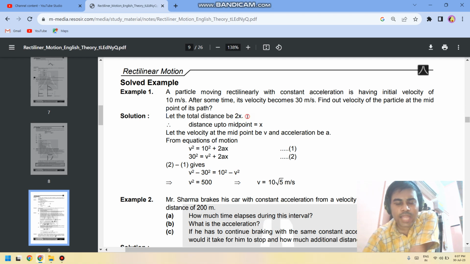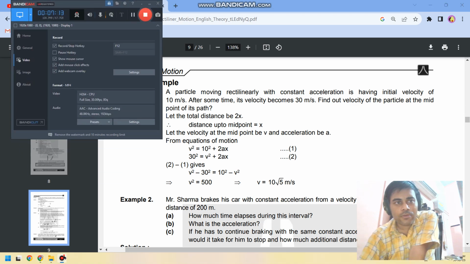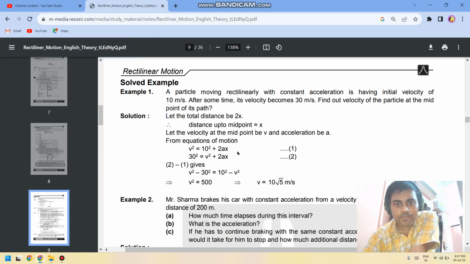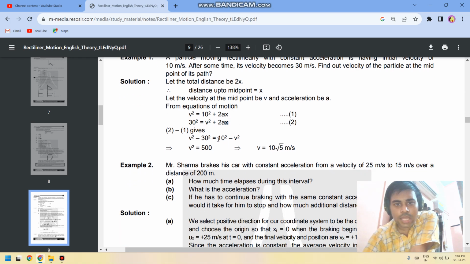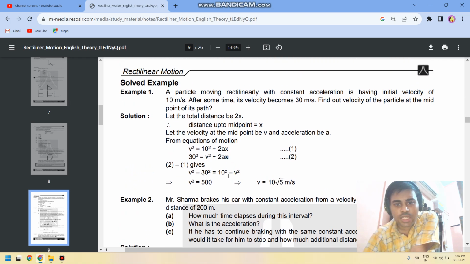Because we want to break that distance into two parts. The distance up to the midpoint is x, the velocity is v and the acceleration is a. So the equation will be v square equals 10 square plus 2ax. You can pause the video and understand this. I'm going a little bit fast, so you can see this equation, and in the same way you can solve this equation and calculate v.